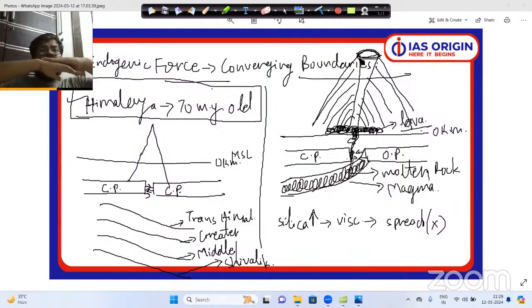But the movement of the oceanic plate has not stopped yet. So this movement will continuously go under this continental plate, and it will be submerging. Fair enough.